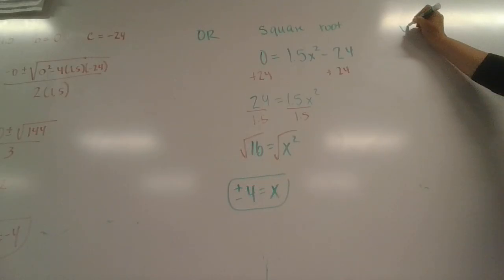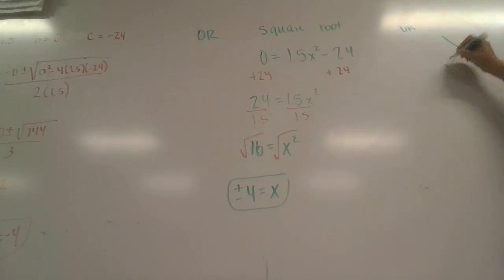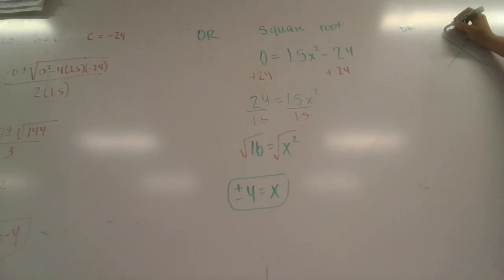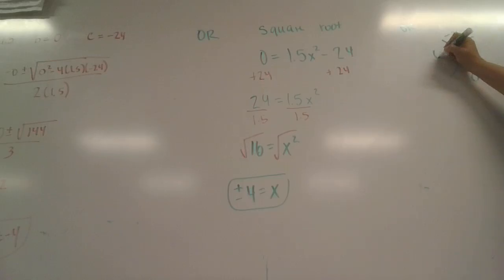And then, so Flynn, you went ahead and you did what? You did 1.5 times 24, which is negative 24 times 1.5, and you put it over 0, and then you get 6 and -6, and then you divide those by 1.5, and you get 4 and -4.